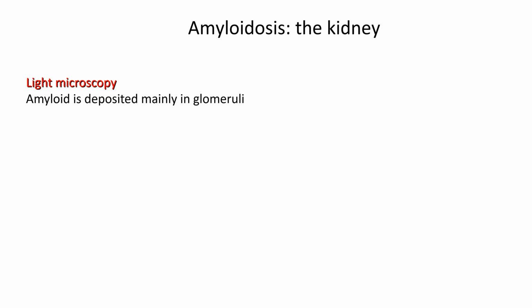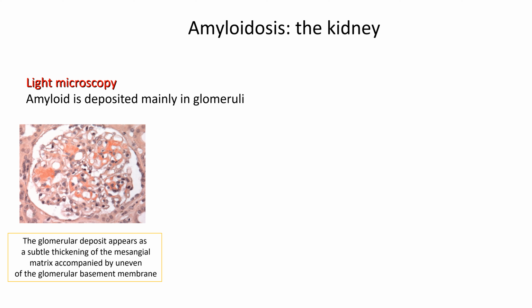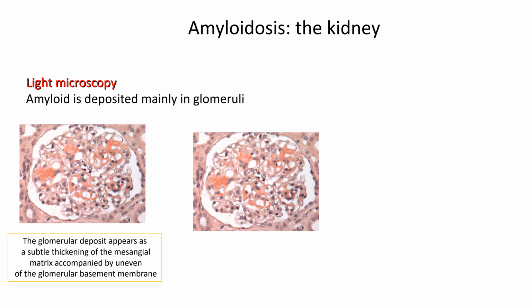On light microscopy, amyloid is deposited mainly in glomeruli. The glomerular deposit appears as a subtle thickening of the mesangial matrix accompanied by thickening of the glomerular basement membrane.